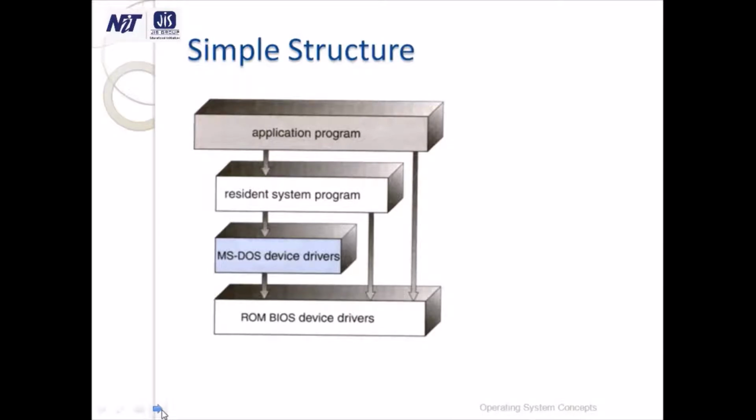The diagram we see here is the simple structure. Here the Microsoft disk operating system, or MS-DOS, follows the simple structure. We know MS-DOS is an old operating system which was designed very long back. At the bottommost we see the ROM BIOS device drivers.